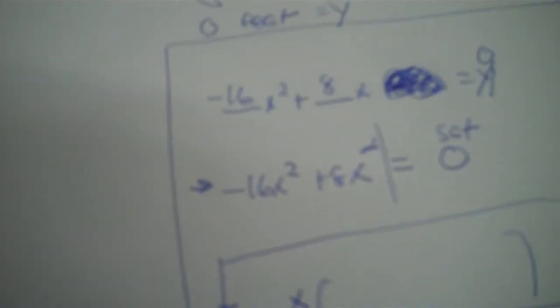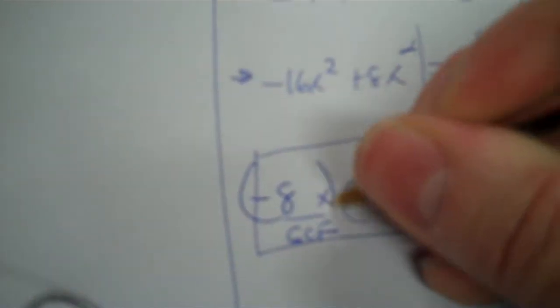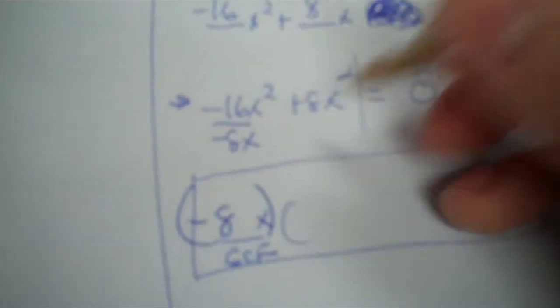GCF. You have X on the end. You have a negative in the front, so I expect to see the negative. I think I'm going to have a negative in front on every gravity problem. 16 and 8, well, those are in row 8, okay? So you divide them both by -8x.